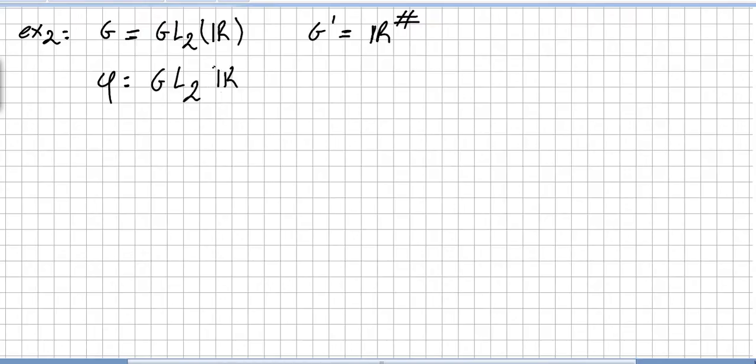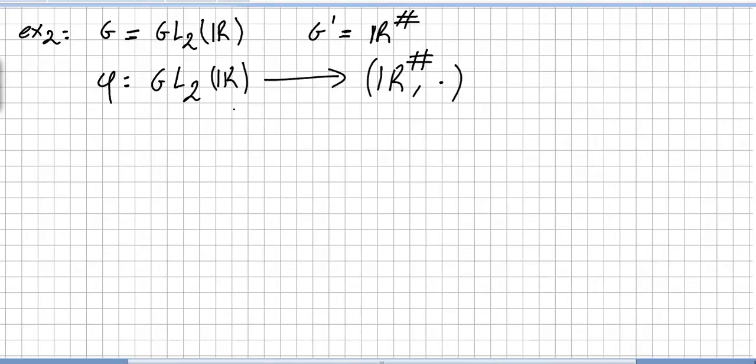Second example. Let us say we have a homomorphism from the general linear group of 2 by 2 matrices with entries in R, mapping into the non-zero real numbers, of course under multiplication, the usual multiplication.